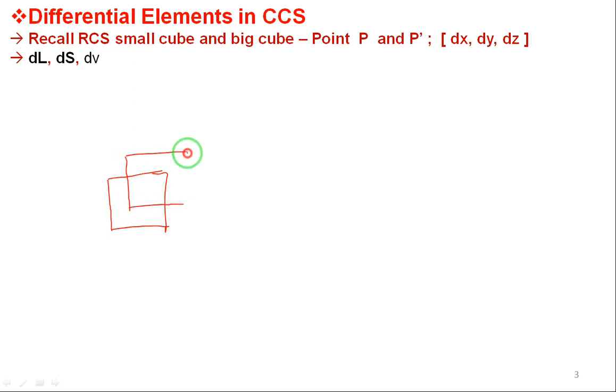I'll draw the small cube first. Let me assume point P is located here. Next I'll draw the big cube.